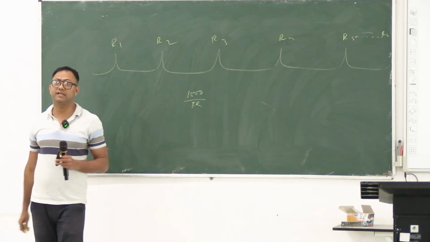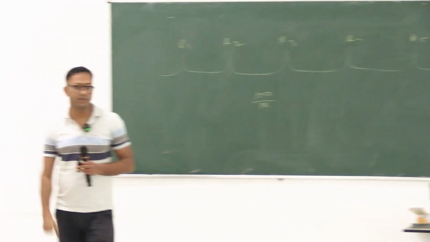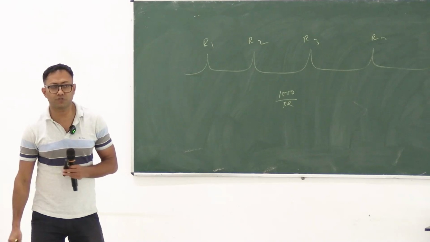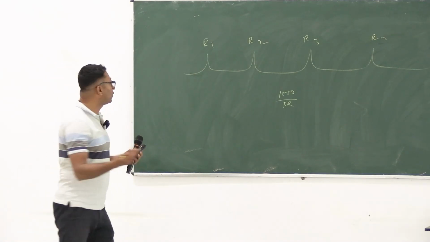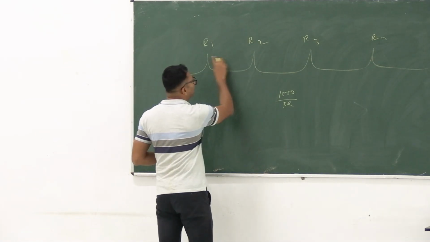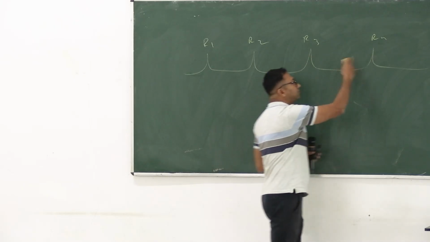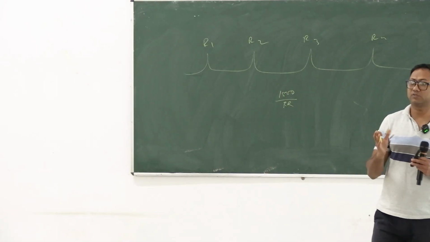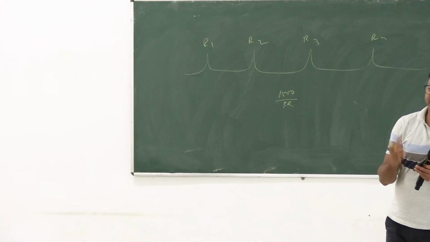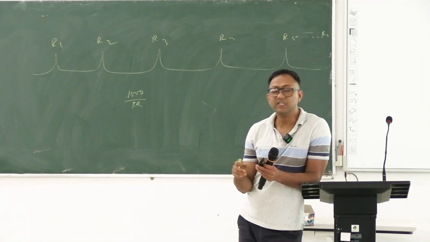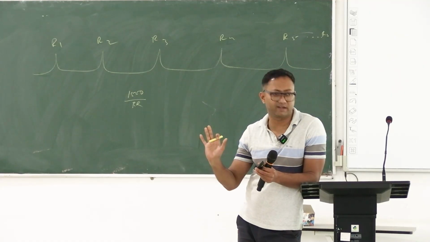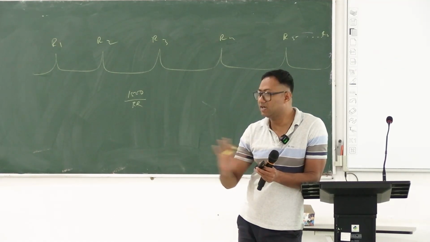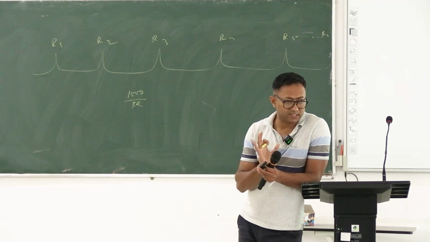But which RR interval should you consider? Is it R1 R2, or R2 R3, or R3 R4? Yes, you can consider any RR interval and take out your heart rate.